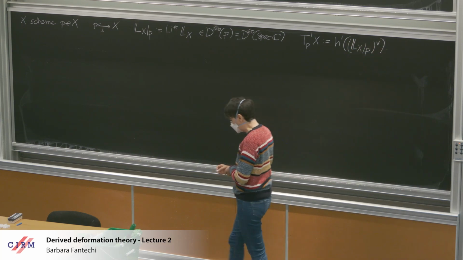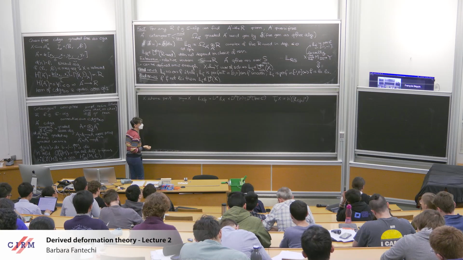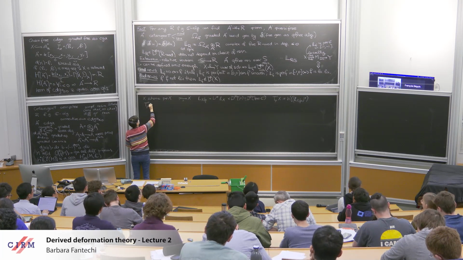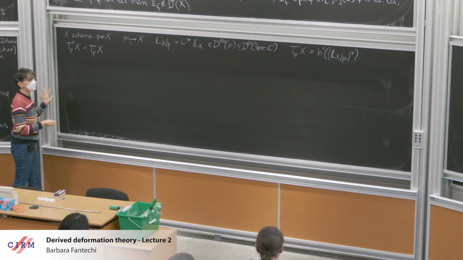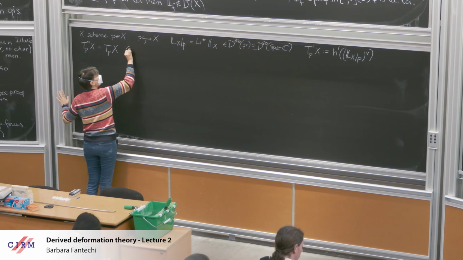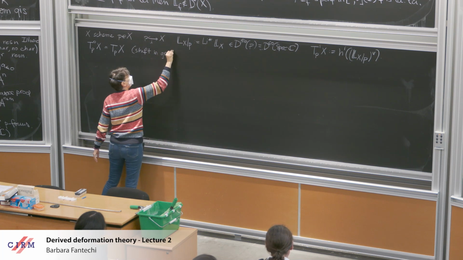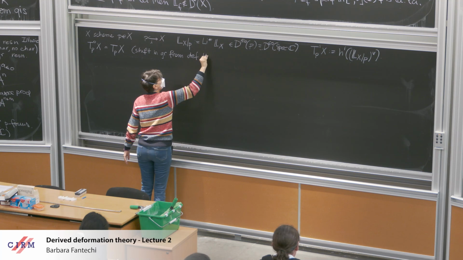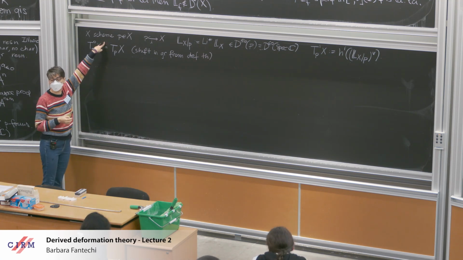So the idea is that, for instance, T0 of P in X is just the usual tangent space. Notice the shift in grading from the deformation theory. This time the tangent is actually in degree 0. It's because we are working with a scheme.